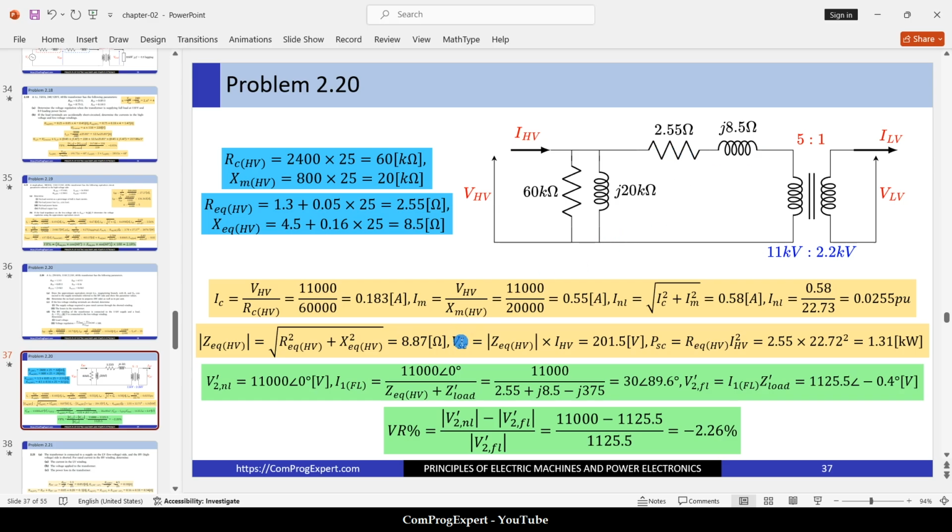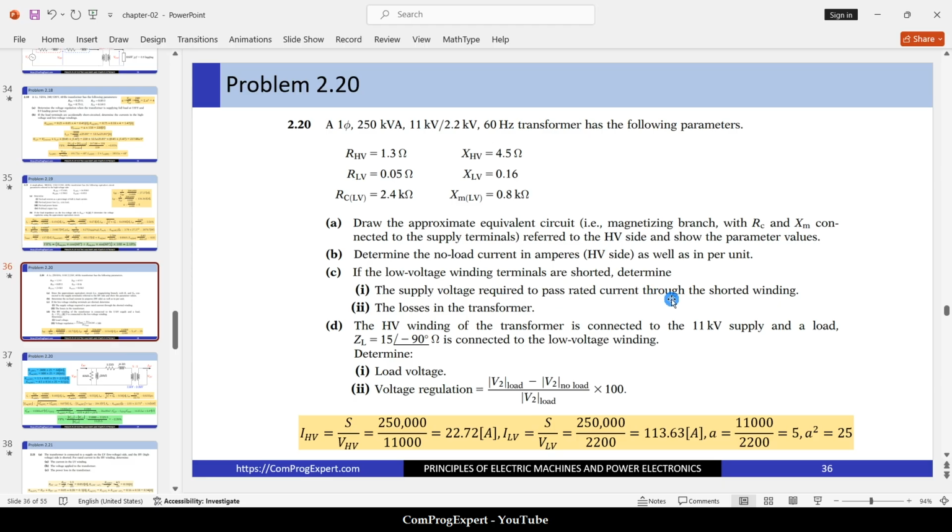The value of the short circuit voltage will be equal to this amplitude times the rated current, because here we need the voltage required to pass the rated current through the shorted winding.